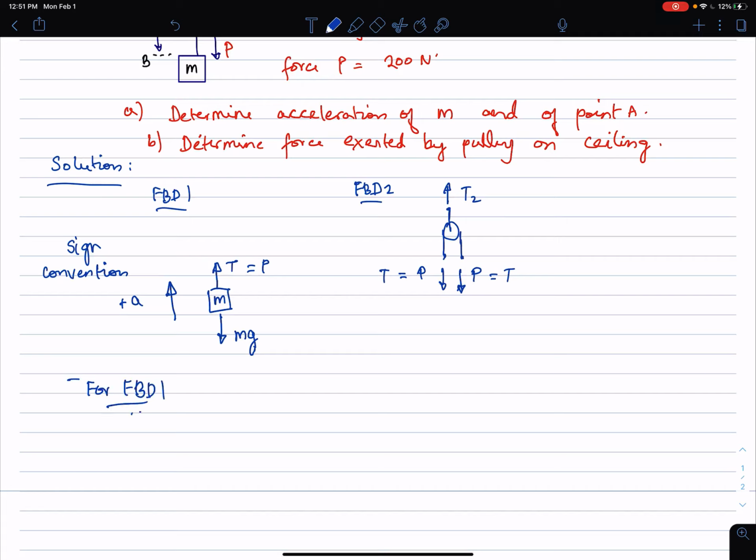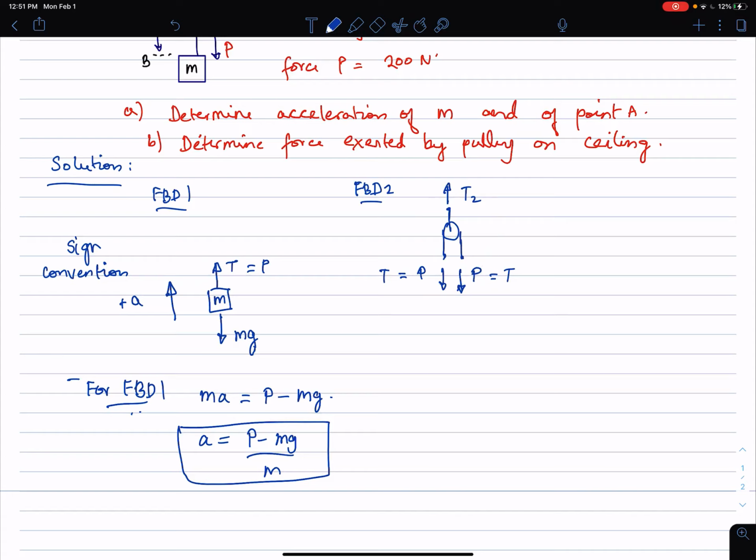We have mass times acceleration, and we are doing positive upwards. So it equals, you can either say T or P, doesn't matter, they are equal. So P minus mg. And that's really the answer. A equals P minus mg divided by m. That's one answer.